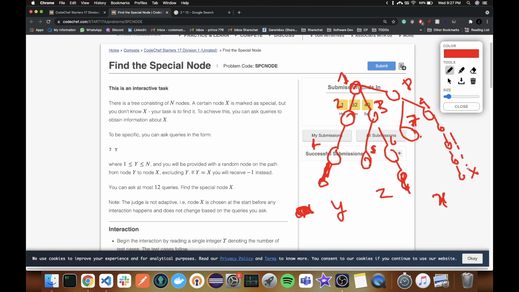Oh, isn't it just binary search? Okay, it's just binary search. Here's how it is. So by the first query, I get which of these paths it is in. Let's say I get this value.